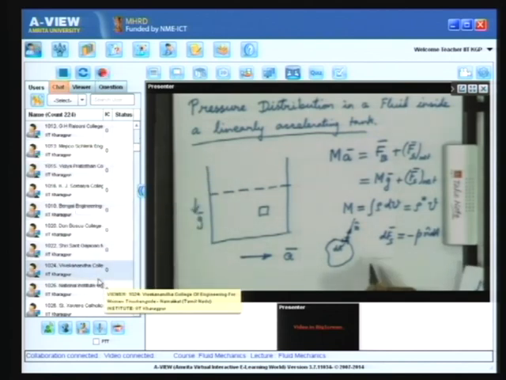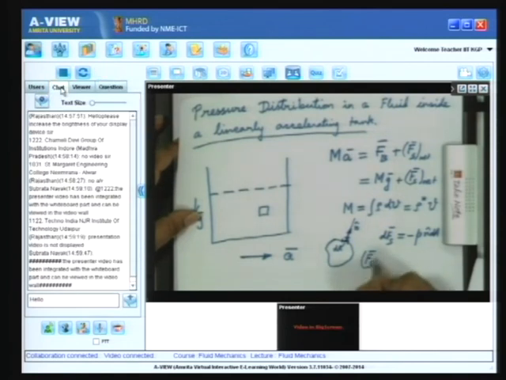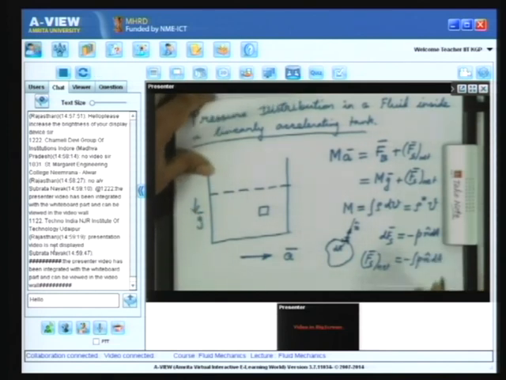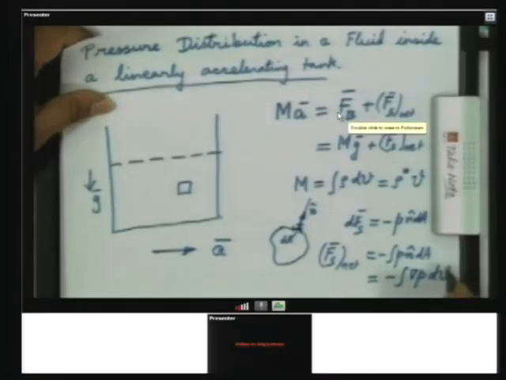So, if you want to find the net force, all you have to do is integrate this. So, Fs net is minus integral of p n dA. Now, you can use the divergence theorem and write it as minus integral of grad p dV.